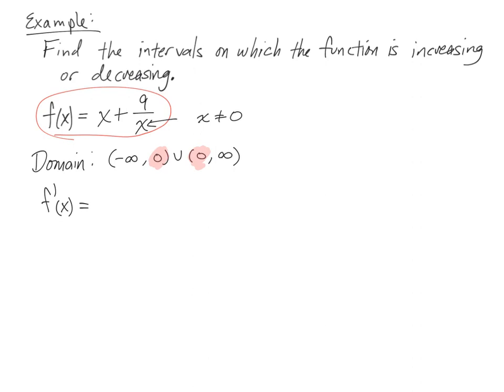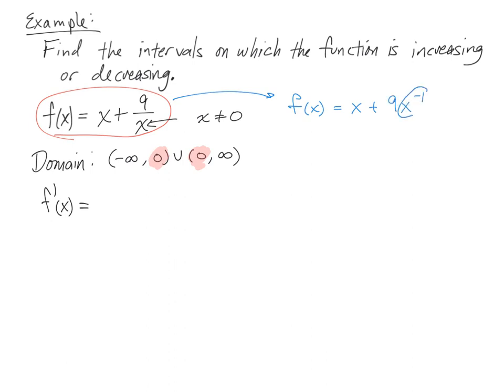So the next thing we have to do is find the derivative. So we found the domain. I think the second step said find the critical values. Well, you have to find the derivative to find the critical values. So we have to find the derivative, which means we should rewrite the function like this. f of x equals x plus 9 times x to the negative 1 power.